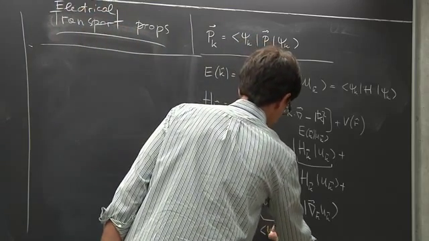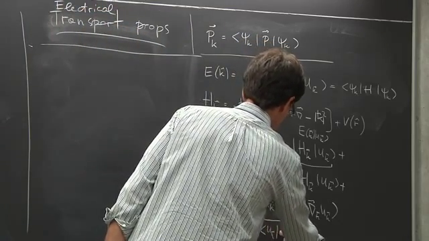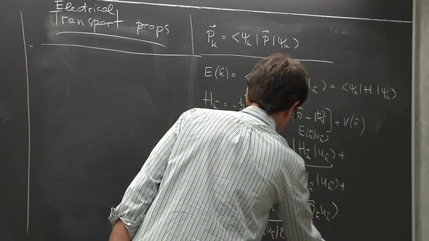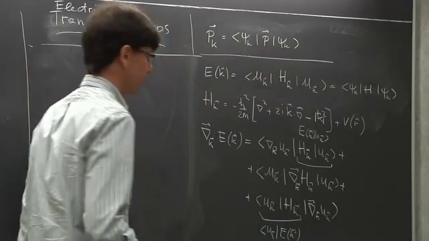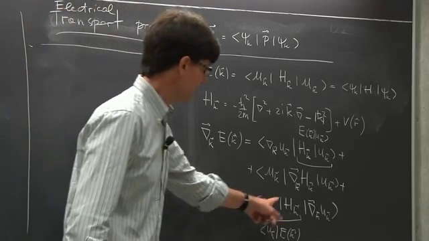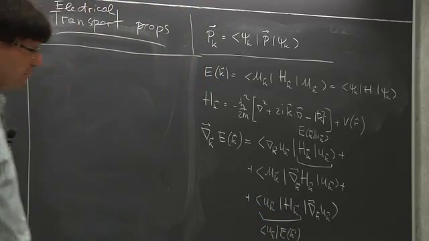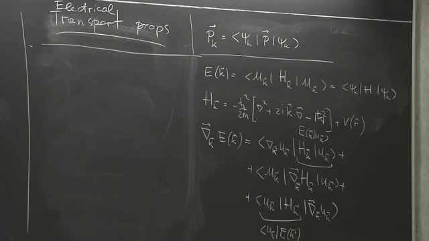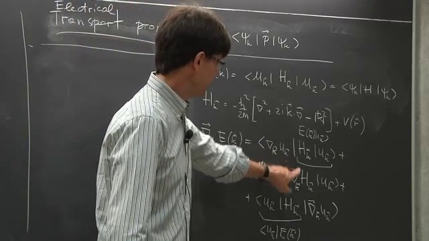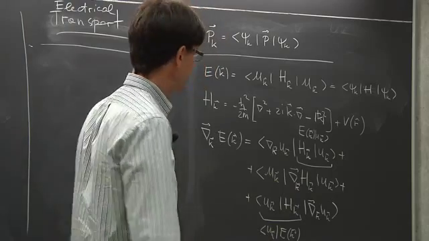And if I apply h to the left, again, u is an eigenfunction of h. So this term here can be replaced by just a number, not an operator. So let me collect first term and third term together.